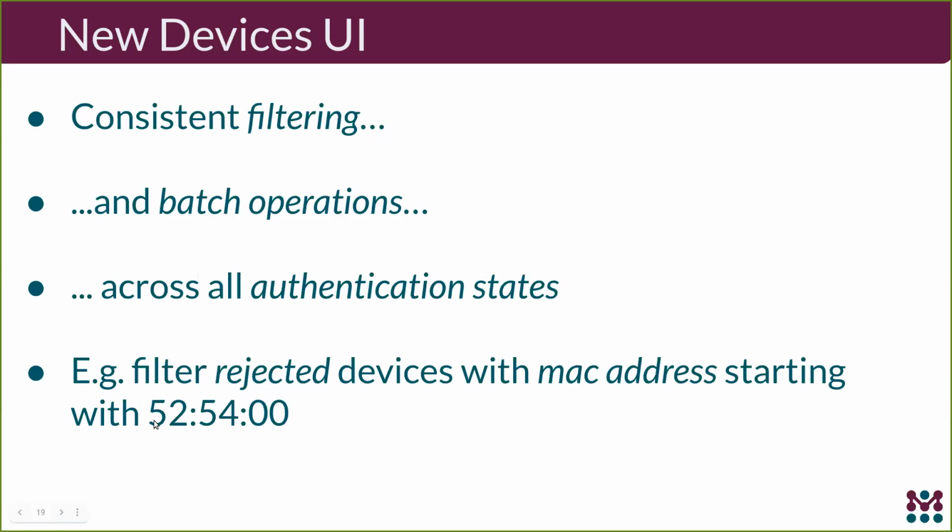So for example, one use case is to filter your rejected devices. This wasn't that easy or consistent in previous releases. Sometimes you get a lot of rejected devices or pending devices, and you want to accept one of them or decommission one of them or accept 5 of them. And these kind of operations were a bit cumbersome in previous releases, but now it's been unified.